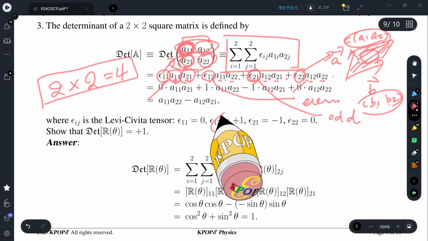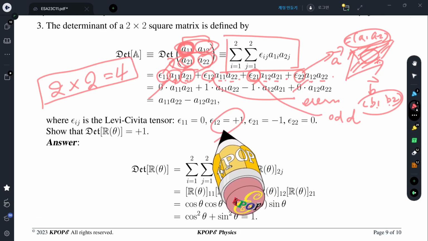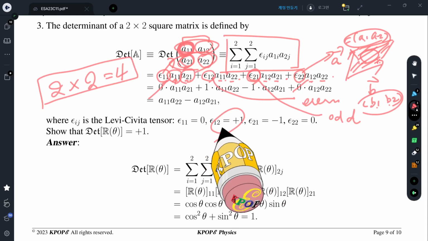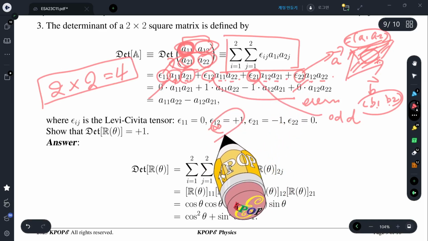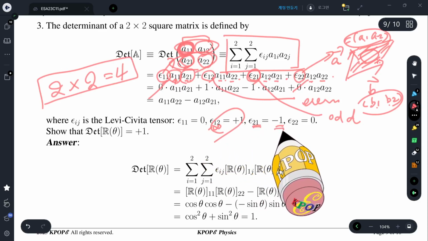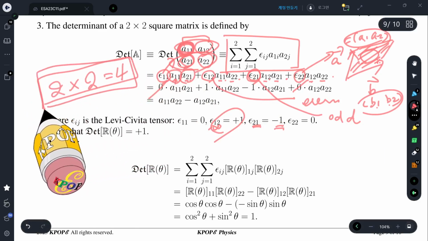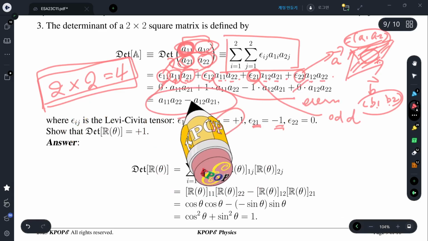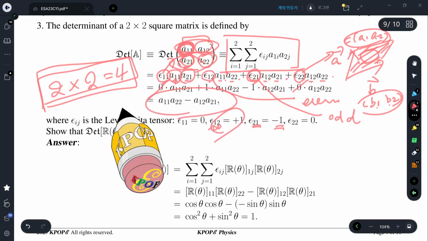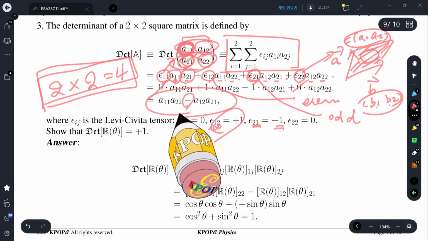In the 2-dimensional case, there is only a single even permutation, that is 1, 2. And if I exchange the order, the final result has a negative sign. Therefore, of the 4 terms in the expansion, we only have 2 terms. One term is the diagonal product, and the other term is the off-diagonal product with a negative sign.